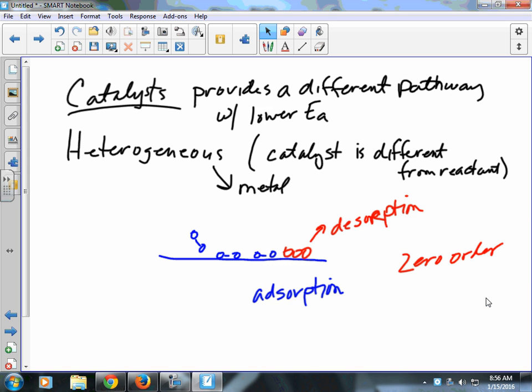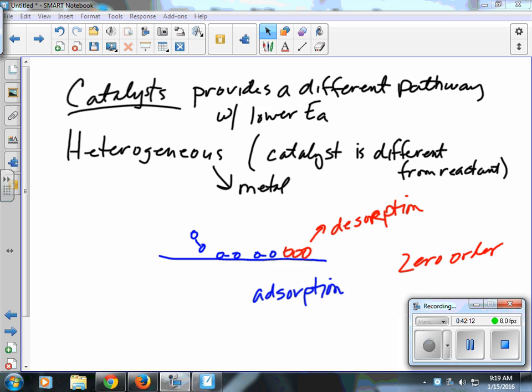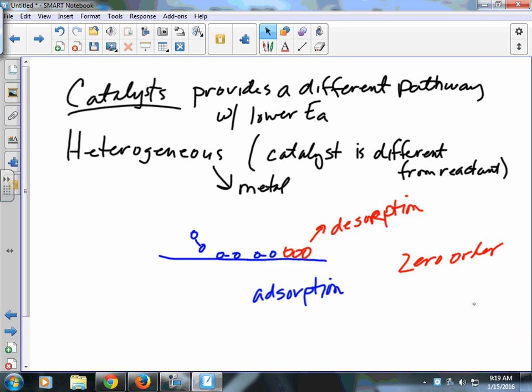On page 12 of your notes, 4 steps of a heterogeneous catalyst. It's on page 590 of your book, which is a better drawing, actually. Figure 17 shows the 4 steps that occur whenever a heterogeneous catalyst is used.